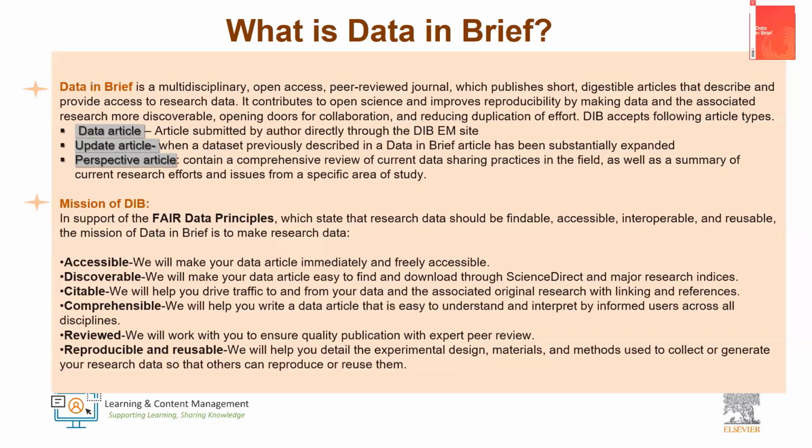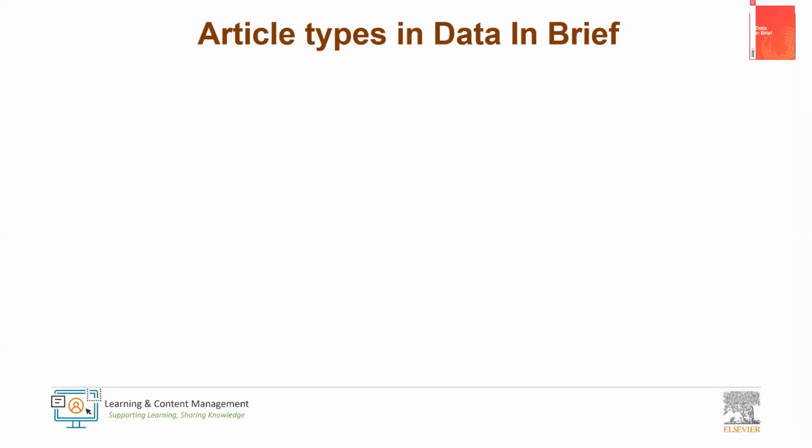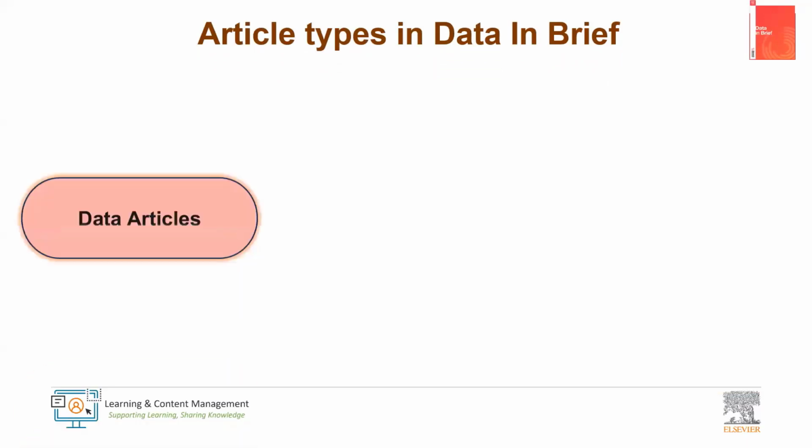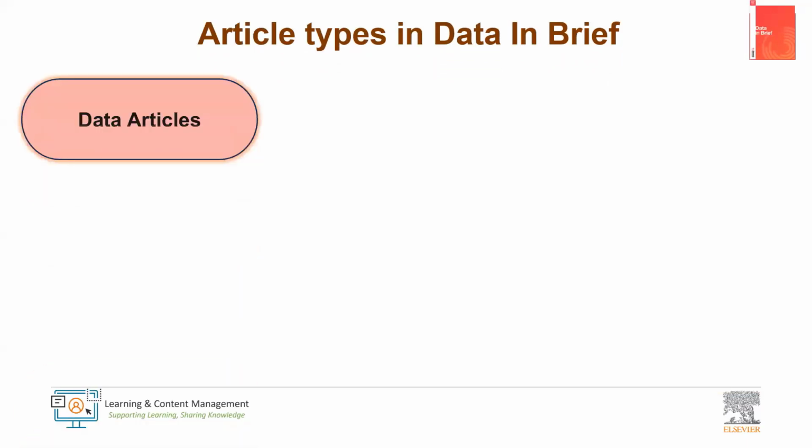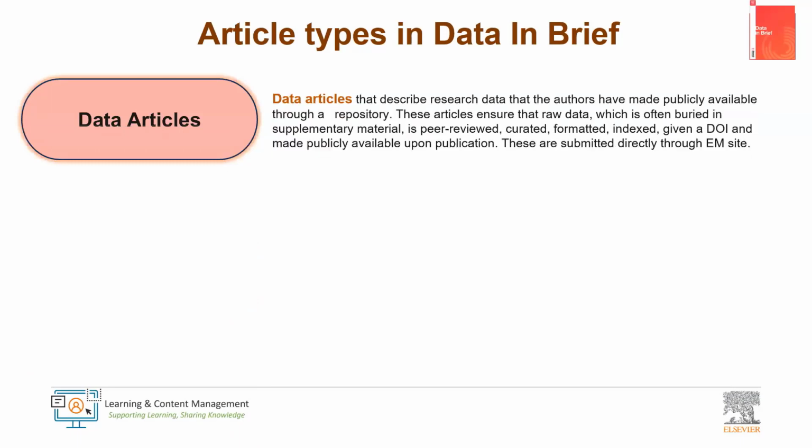Now that we are aware of what exactly is data in brief and what is its mission, let us get into the details of the commonly used article types in data in brief. So the first one, as I mentioned, is data article. Data articles are the ones that describe research data that the authors have made publicly available through a repository.